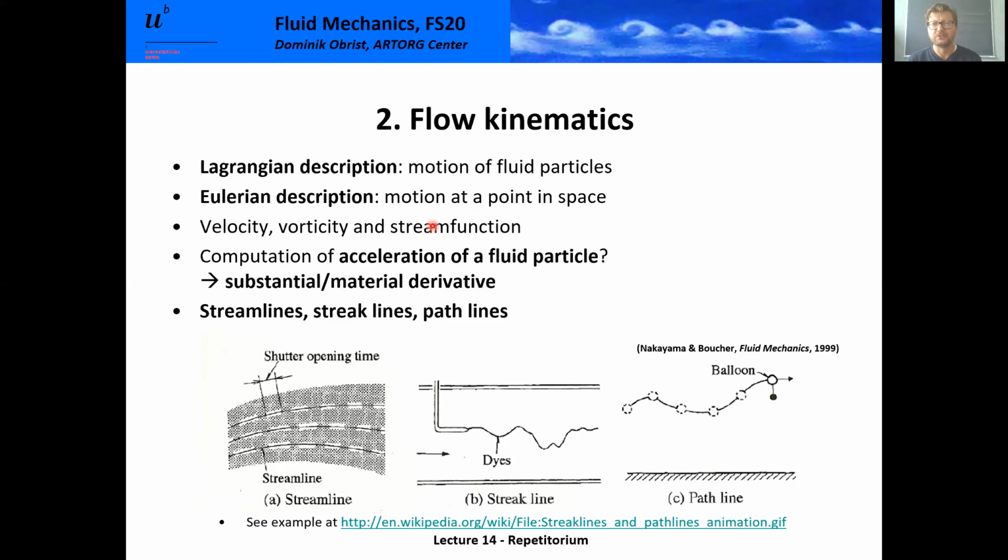A very convenient tool, and we came back to the stream function in the context of potential flow, where we saw a certain duality with the velocity potential of an ideal, inviscid flow. Okay, so this is essentially what we did on flow kinematics.